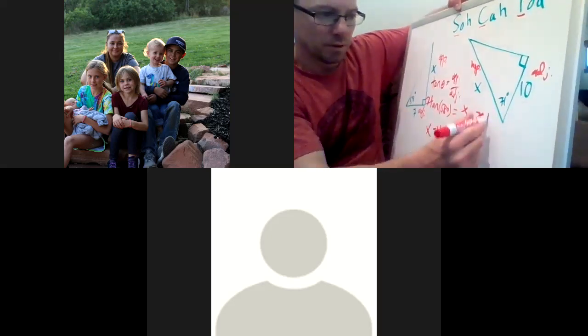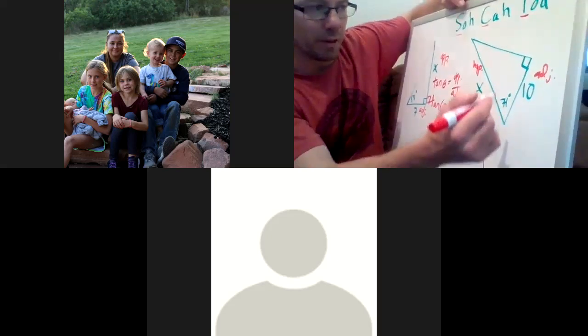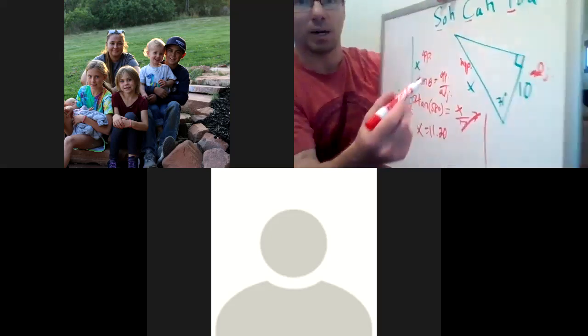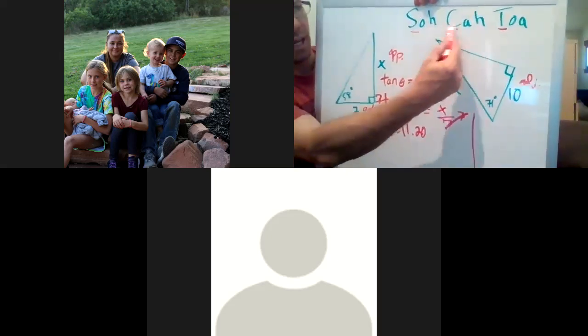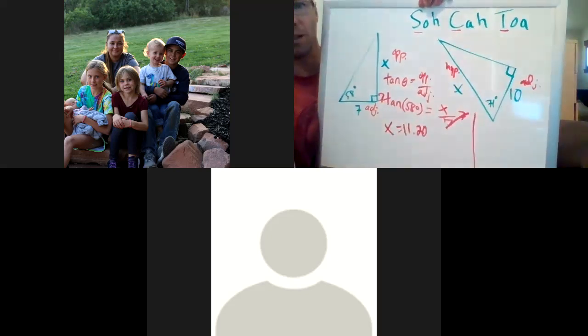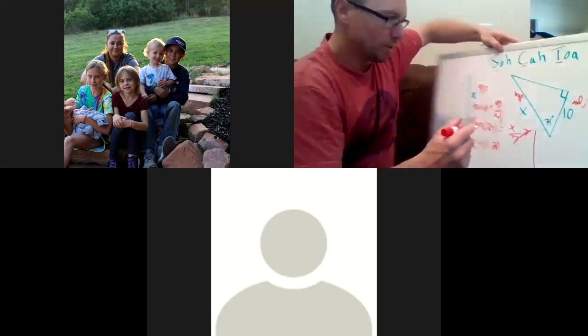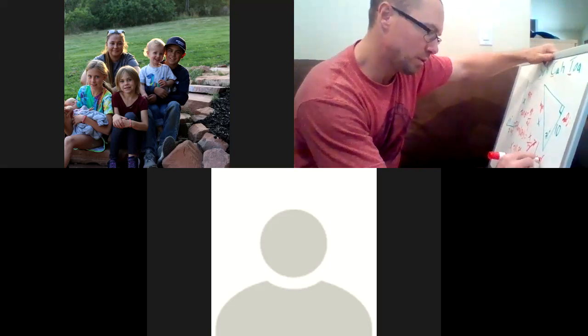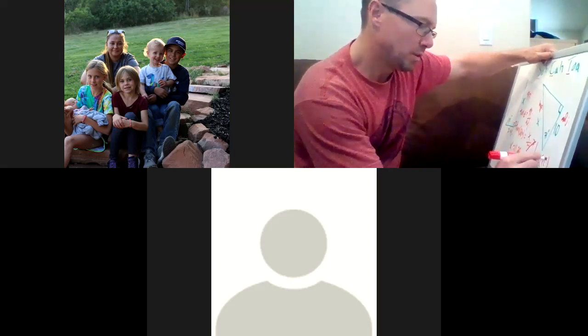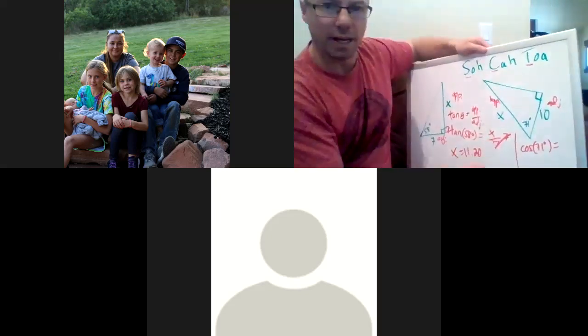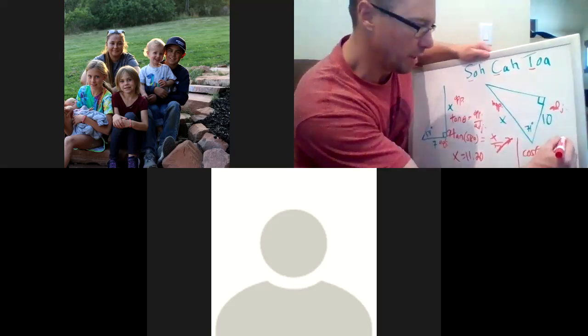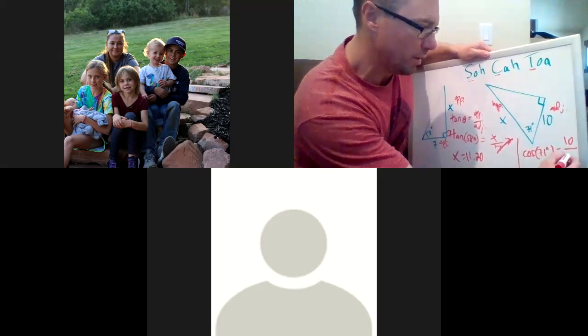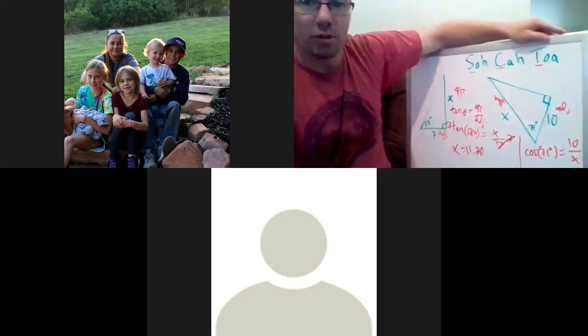Okay? So, looking at this, I've got adjacent and hypotenuse. That means I have to be using cosine. The cosine of my angle equals the adjacent over the hypotenuse.